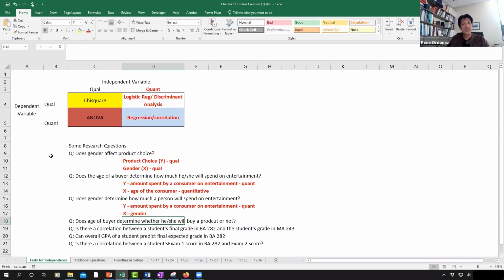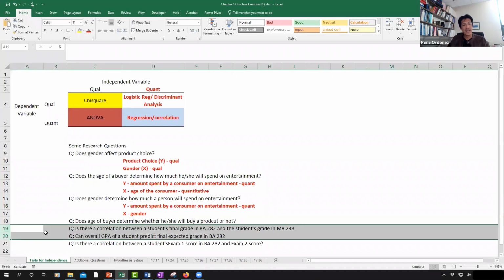So the dependent variable is quantitative, and the independent variable is qualitative. We saw that in the previous chapter, the ANOVA, when we compared the means of two or more groups. How about the next question?